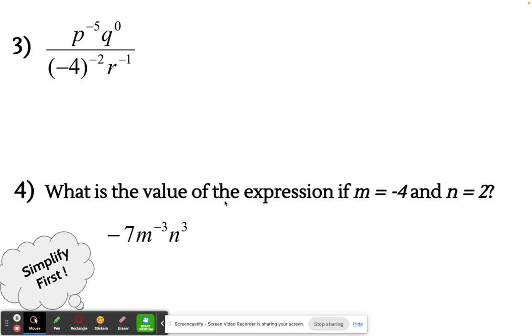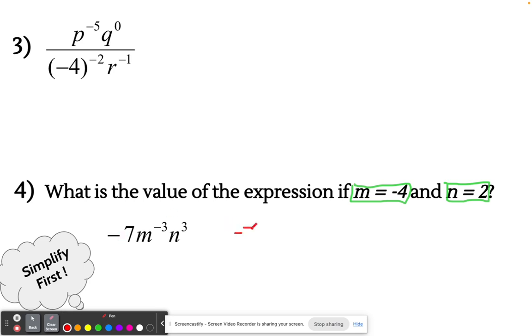Okay, now I have an example here. Let's simplify it before I go through substitution, where m is negative 4 and n is 2. But I highly recommend simplifying before you do that because you might clean things up quite a bit. So I have negative 7.